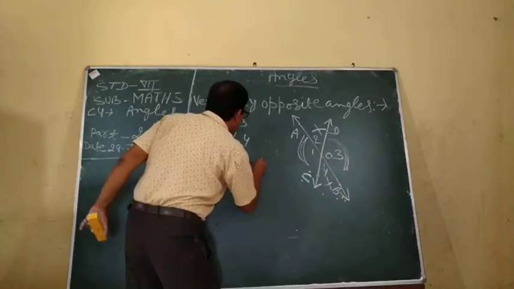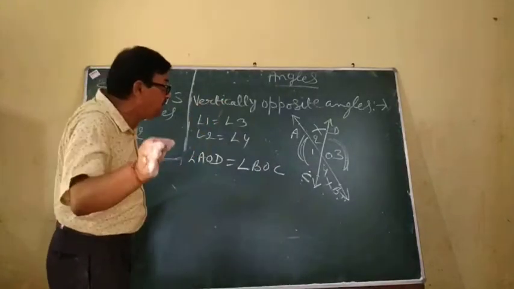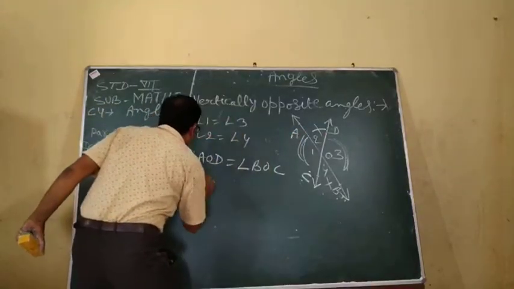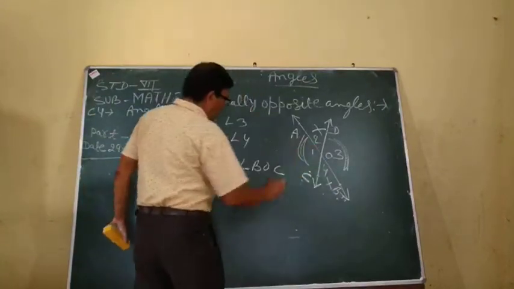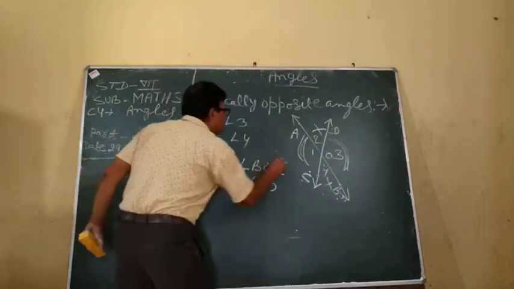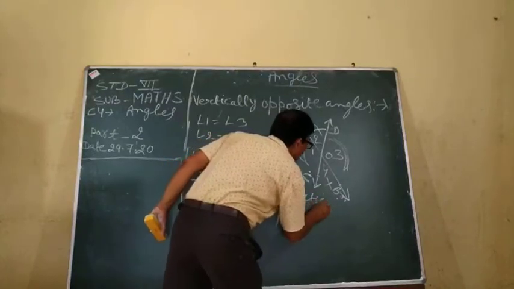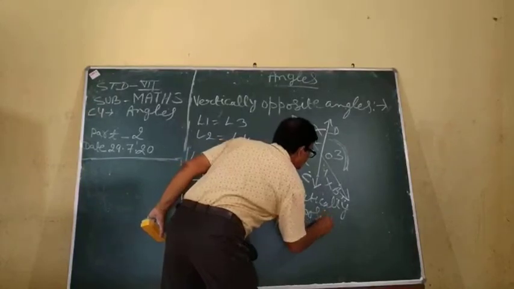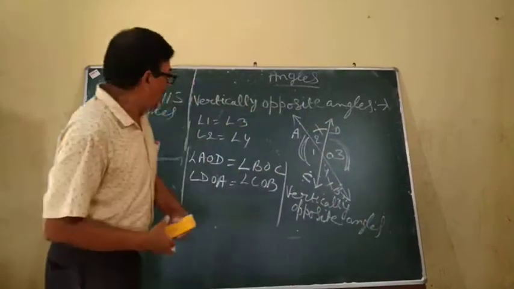Another student can write it as angle DOA equal to angle COB. What are these called? Vertically opposite angles. Understood now?